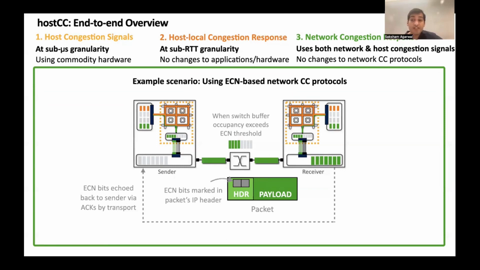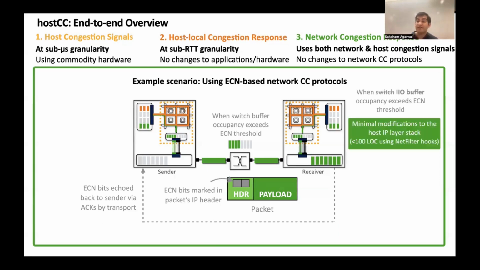I will now show how host congestion signals can be echoed using these ECN-based CC protocols. Similar to ECN markings done at the switches, the host also performs ECN markings, but using host congestion signals, the IO occupancy. Whenever IO occupancy is greater than a certain threshold, the corresponding bits in the IP headers are updated.